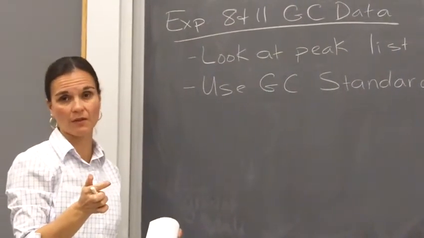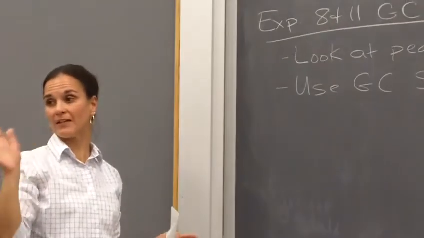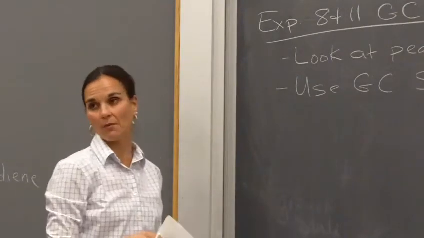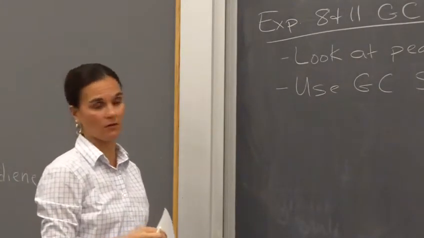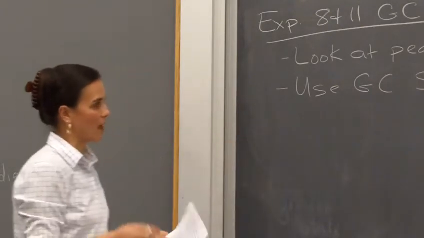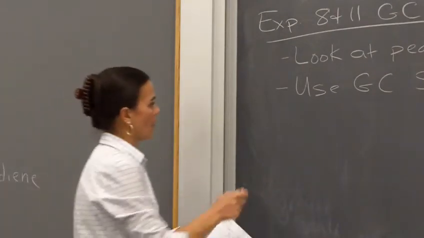They were slightly different between the two, okay? So if you're using someone else's standard retention time list, make sure you're in the same day of lab. Otherwise, you need it for your specific day, because the standards vary just a little bit, okay?